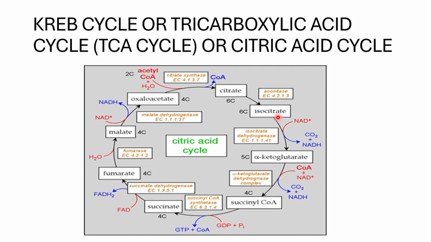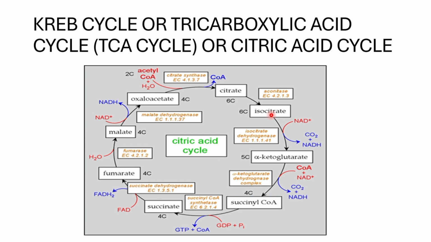Then the isocitrate is oxidized to, mind you, the citrate is a 6-carbon compound, and it's reduced to a 5-carbon compound that we call alpha-ketoglutarate. This reaction is catalyzed by an enzyme called isocitrate dehydrogenase.